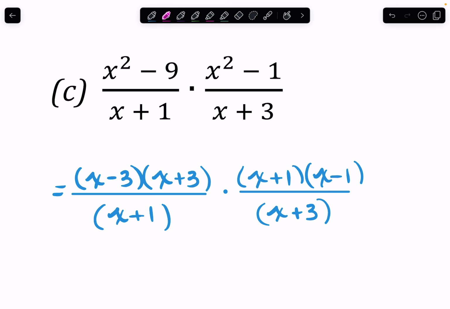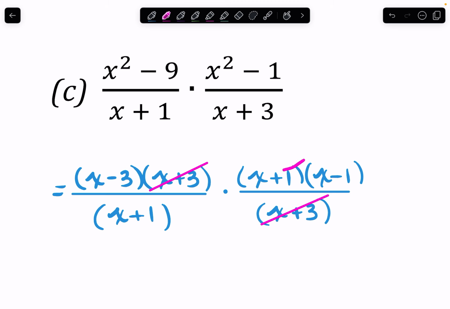For every factor that is identical on the top, you can remove one factor that is identical on the bottom. It doesn't matter if it goes diagonal, because remember, fraction multiplication, you multiply the tops together and the bottoms together. So it's essentially like one big giant fraction. So I look at this and I have an x plus 3 on the top. I also have an x plus 3 on the bottom, so I'm allowed to divide both of those out.